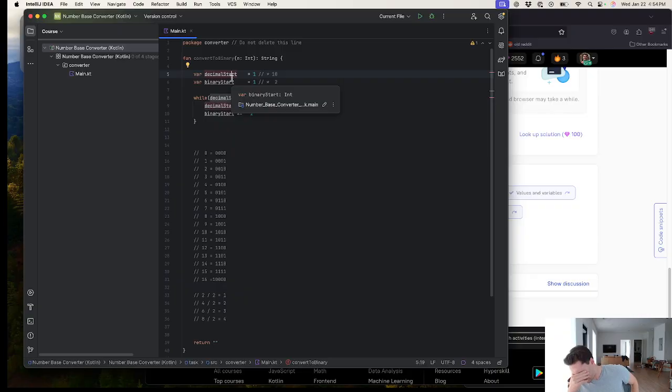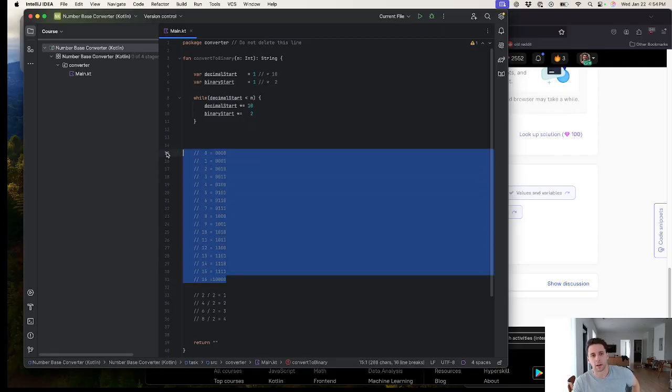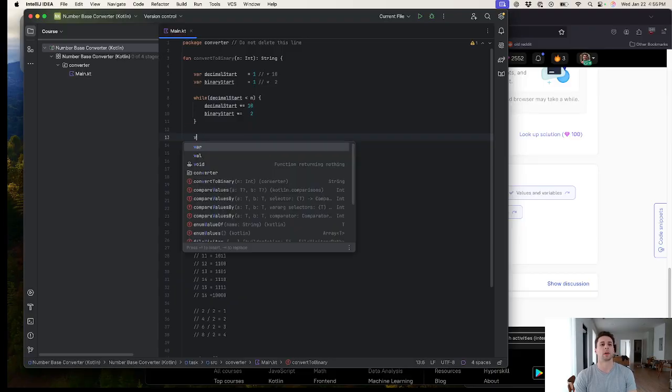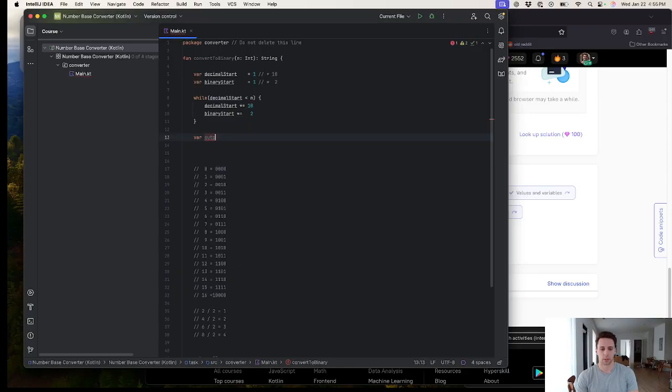I have where I need to begin, and then what's cool about it is I can use the technique I used before, but instead of hard coding them, I can just use division, I think. So var output equals 0.